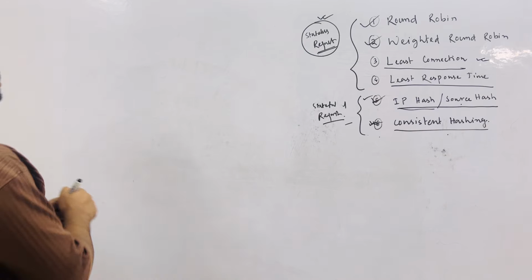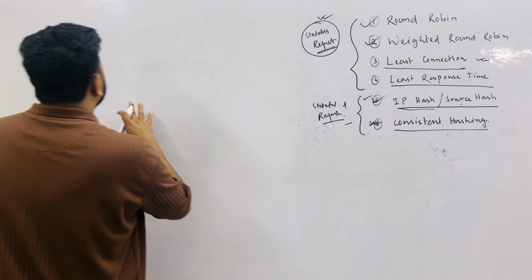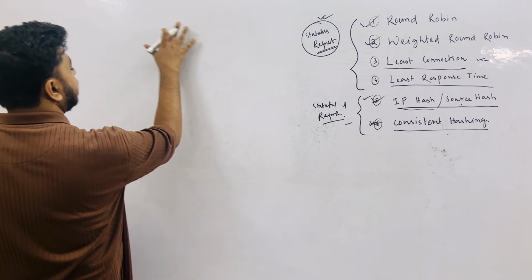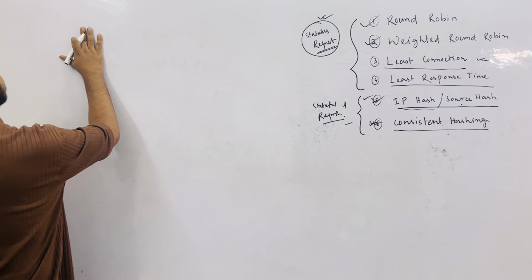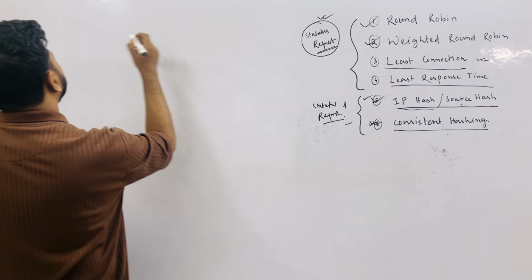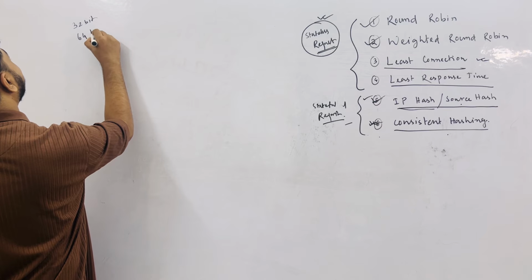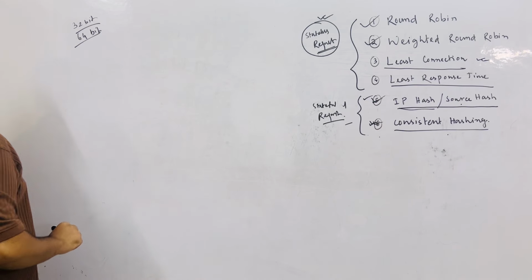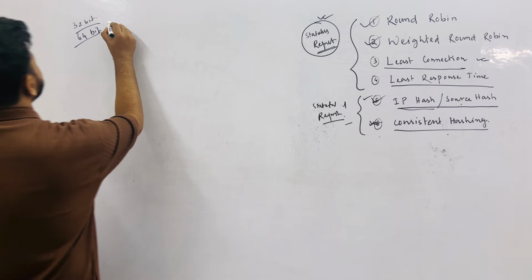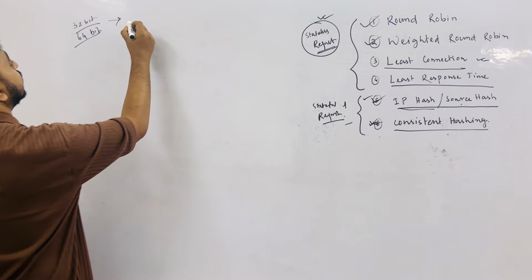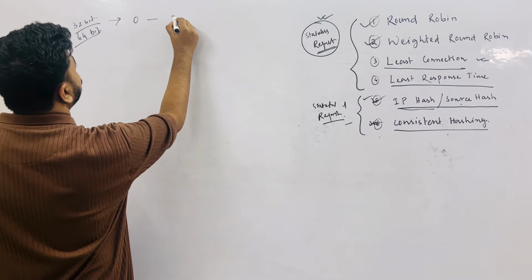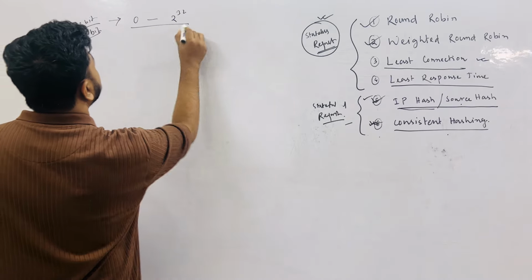So, what is going to happen? Every load balancer server, suppose Nginx or anything, is going to support 32-bit or 64-bit hashing. What that means is, in 32-bit hashing, if you hash any particular data, you will get a value from 0 to 2 to the power 32.